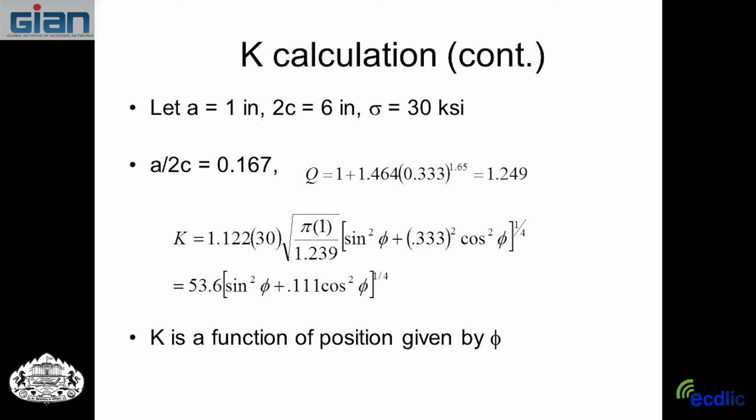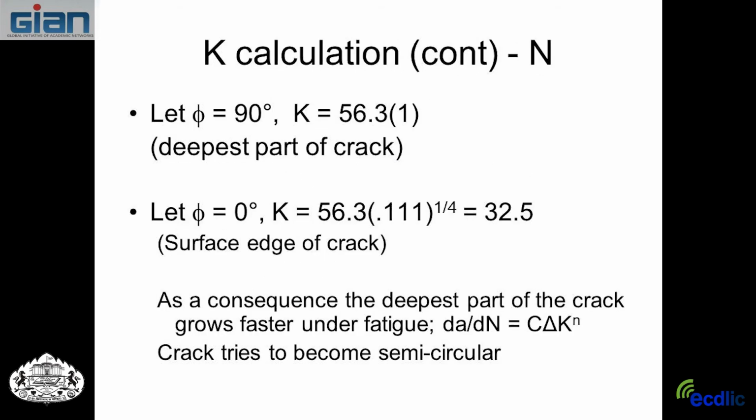Stress is 30. All this gives 56 times that. So again, K is a function of position, and at 90 degrees, K then comes out to be 56.3. That's the deepest part of the crack. At 0 degrees, K comes out to be 32.5, almost half of that value.